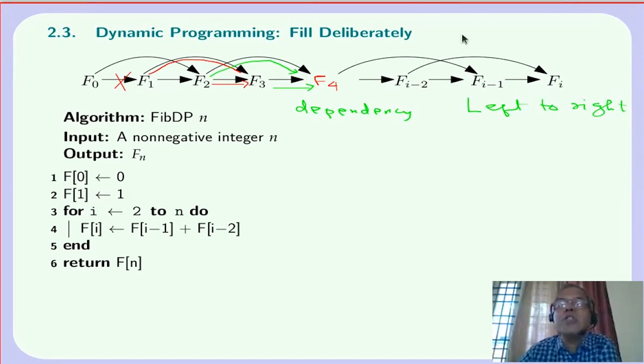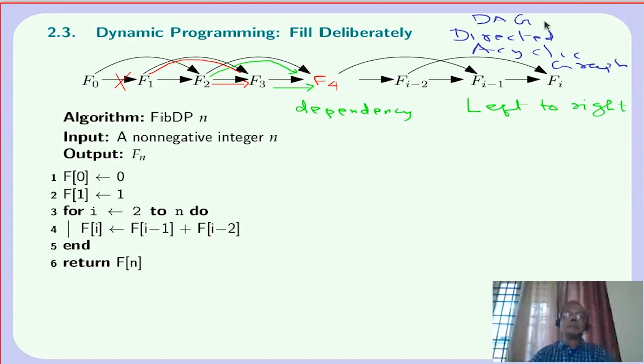Such a graph is known as a directed acyclic graph, famously abbreviated DAG. So whenever the dependency between the subproblems is a DAG, this problem is suitable to be solved using DP.